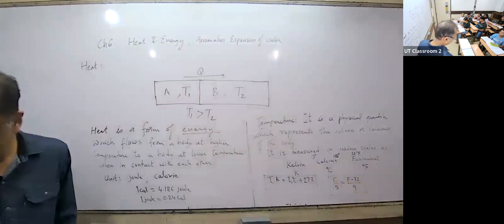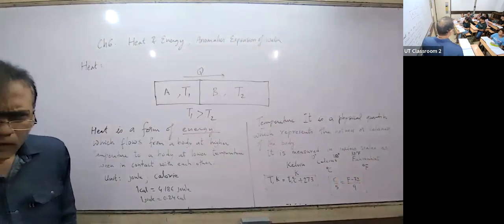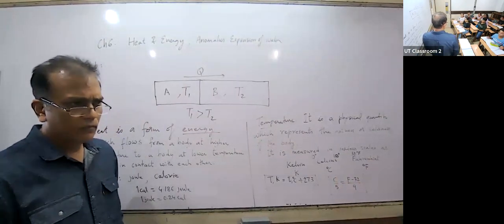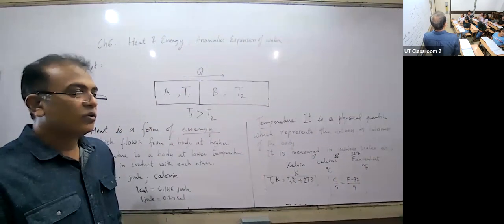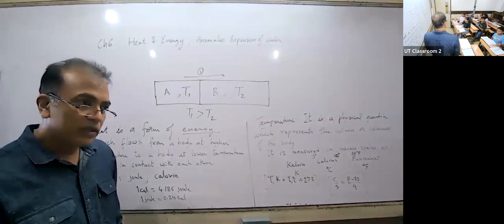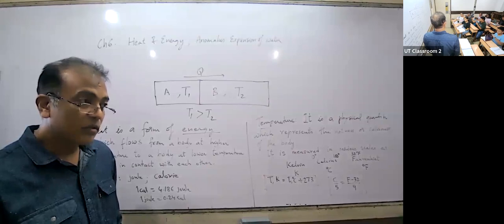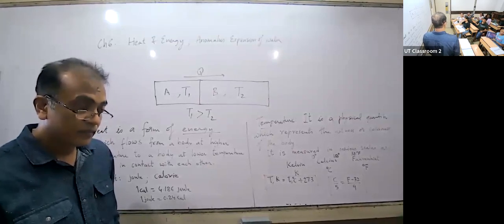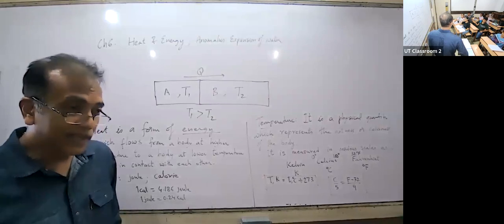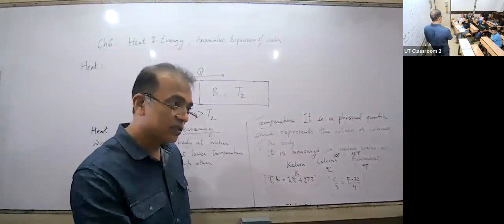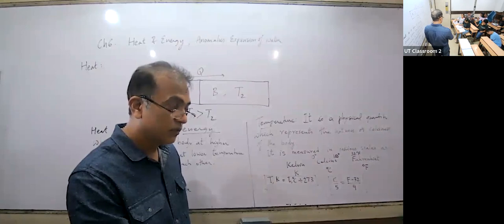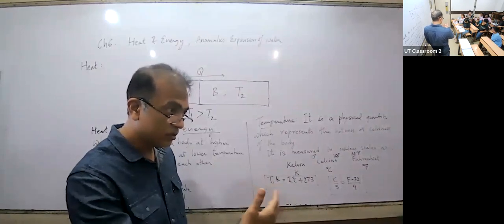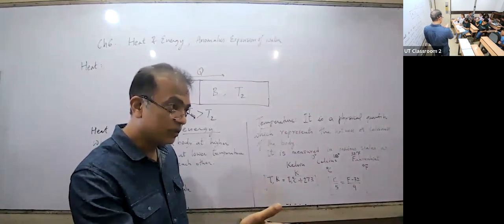Now your questions. Why do we say that some substances are bad conductors of heat? The conduction of heat is a different area. It depends on the availability of free electrons in it. Conductor means the one which will carry heat fast. That is a good conductor. The one which will block the transmission or flow of heat through it is a bad conductor.